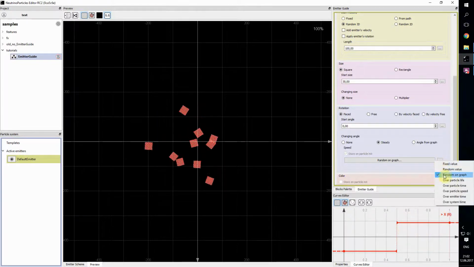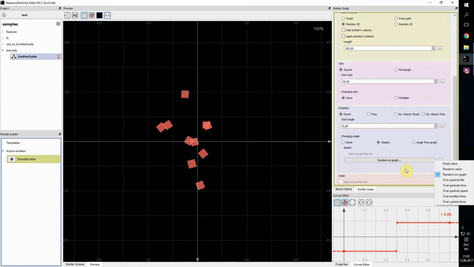Also you can change this rotation speed over particle life or over particle time, so it's not really steady rotation, because speed can change during particle's life or time or emitter time or system time or even over particle speed. So I will not show all of them now.